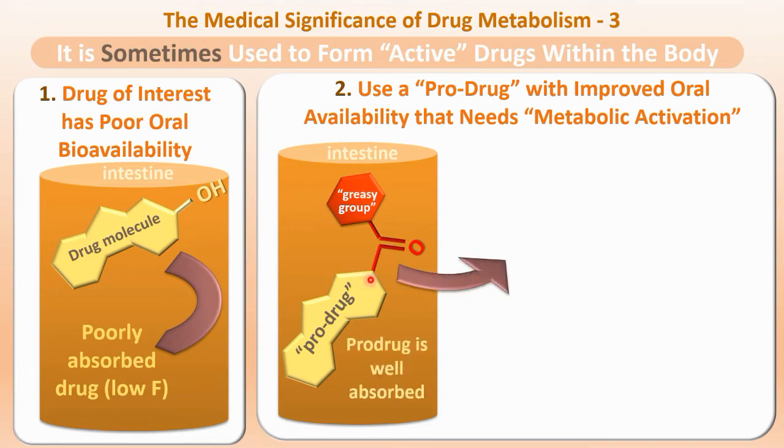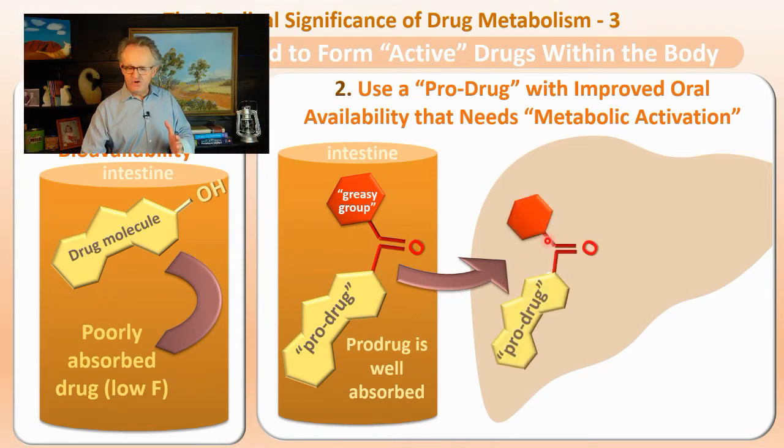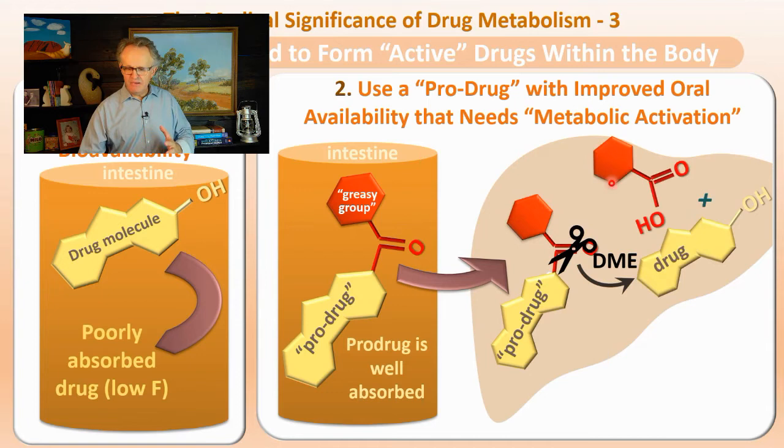And then they rely on the fact that after the drug gets absorbed into the body, because it's greasier and able to get into the body, it then gets converted by a drug metabolizing enzyme, which chops off that greasy group and liberates the parent drug as well as the greasy group.